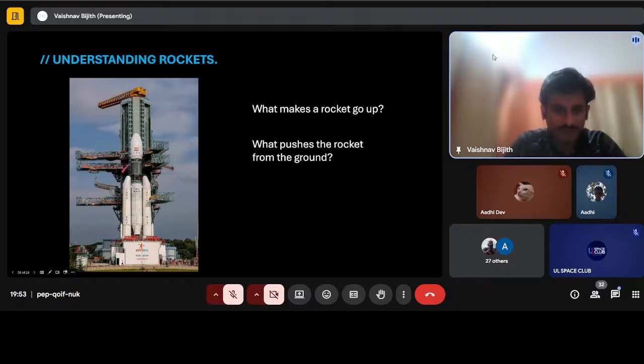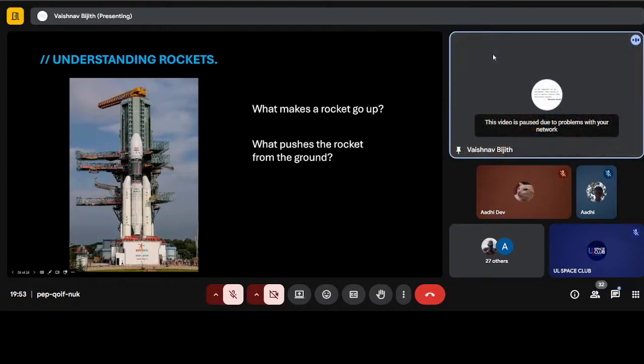The fuel must burn. The rocket contains a fuel tank, and the fuel burns at a very high temperature. So the gases inside the fuel tank have very high pressure, and at that pressure they tend to escape.